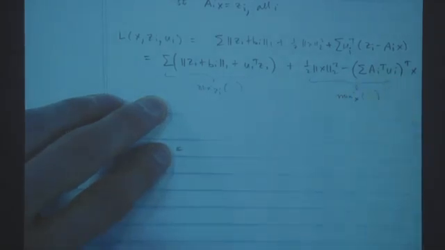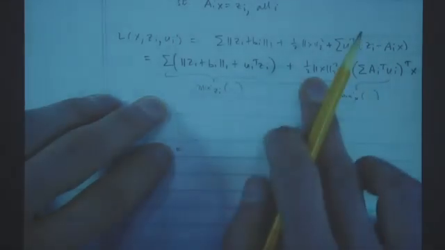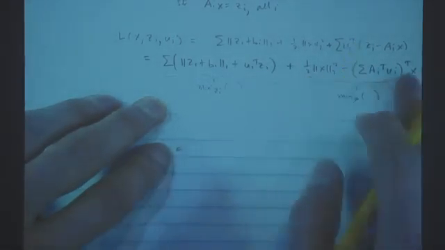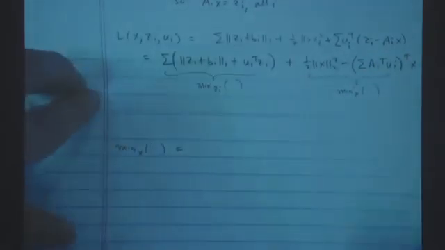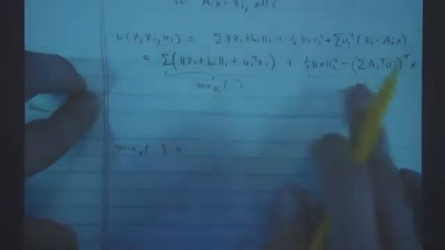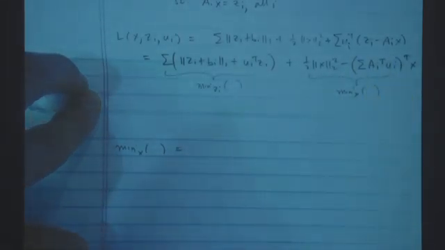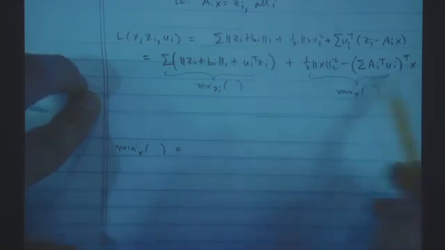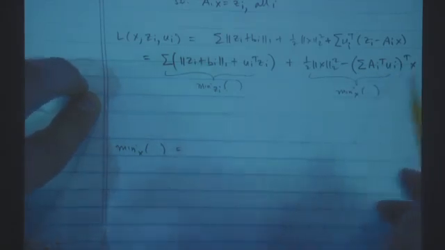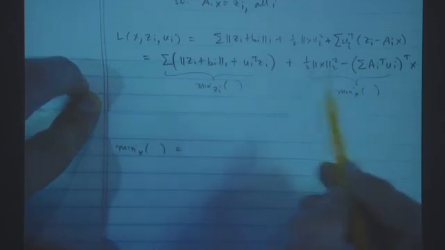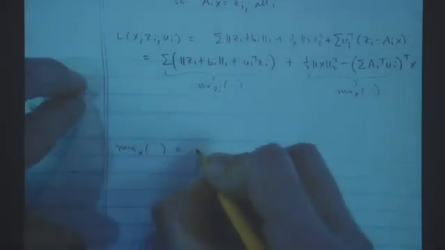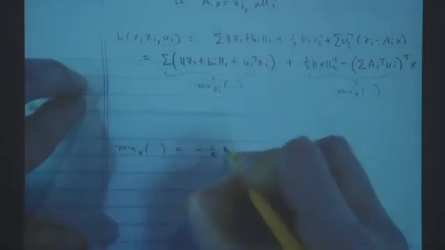It's the matrix version of what I said. Because this is just x transpose x times a half, and this is just, think of it as b transpose x. So the minimum over x is what we get when we plug in for x this value, the sum of ai transpose ui. And if we plug it in, you can see we get that value here squared, and there's a negative sign, and we get half that value here squared. So in total, it's just negative half that value squared.